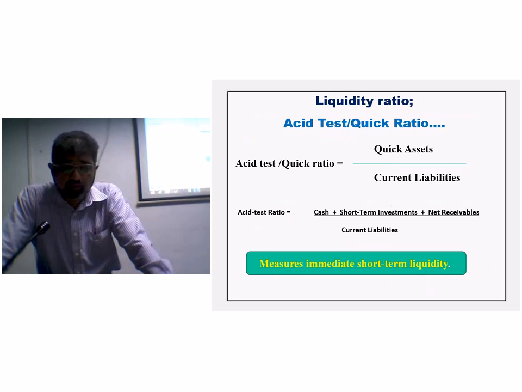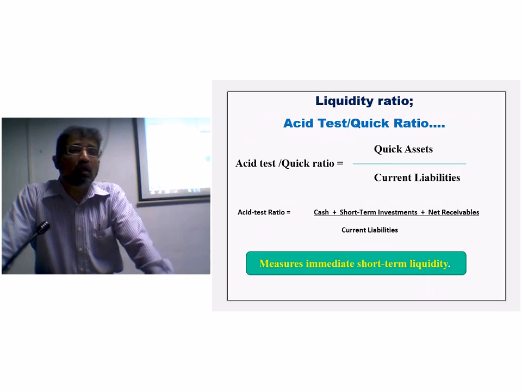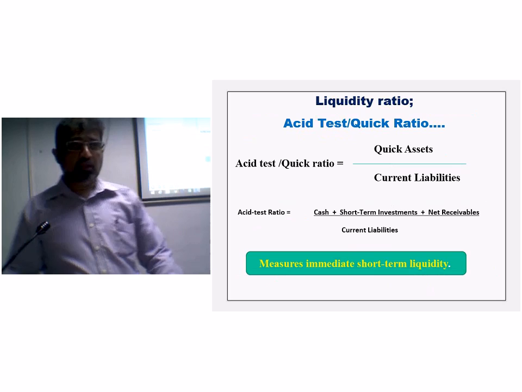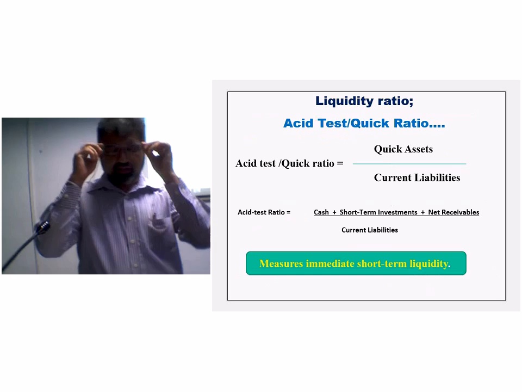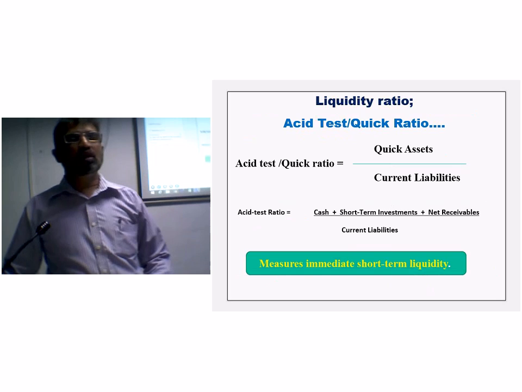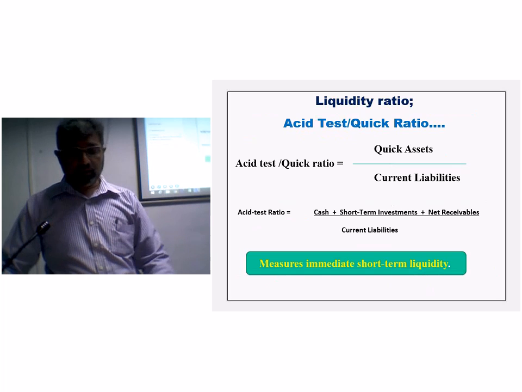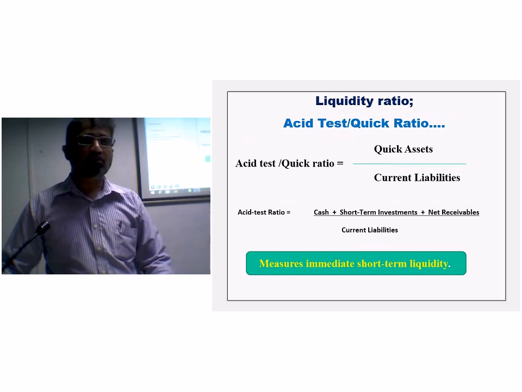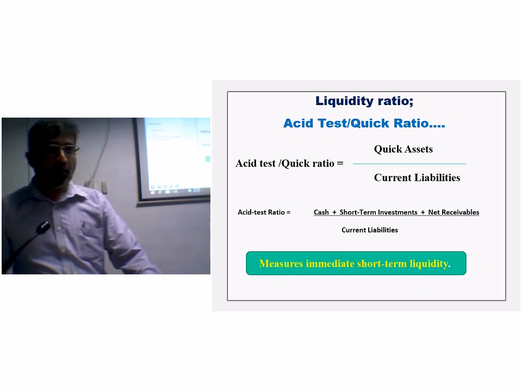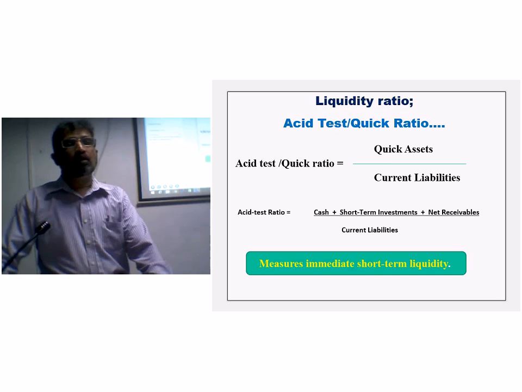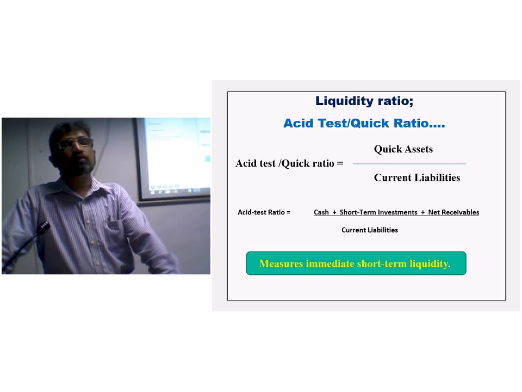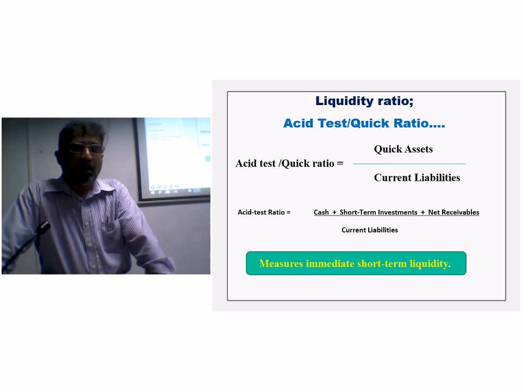Now what is the difference between quick ratio and current ratio? Under the current ratio, we use all the current assets. Under the quick ratio or the acid test ratio, we are going to reduce the prepaid expenses and stocks, right?